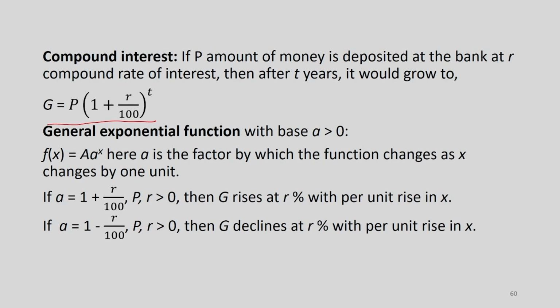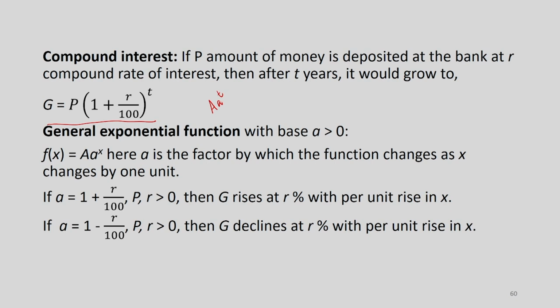If you compare this with this form, A multiplied by small a to the power t, then small a is really 1 plus R divided by 100 and capital A is equal to P. So, this is how we can calculate the deposit in a bank if we know the rate of interest, if we know the time that has elapsed, and if we know the initial deposit.